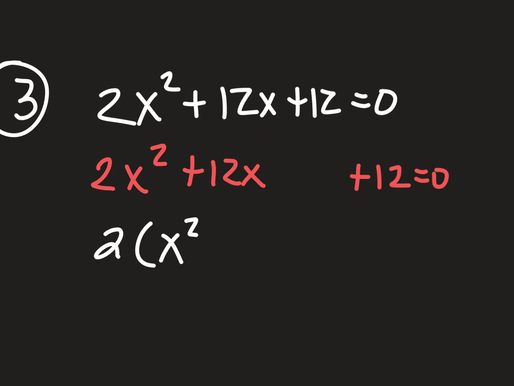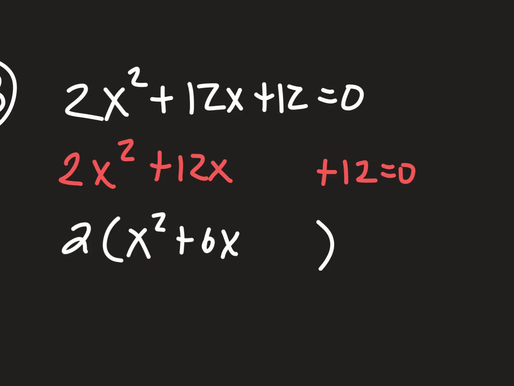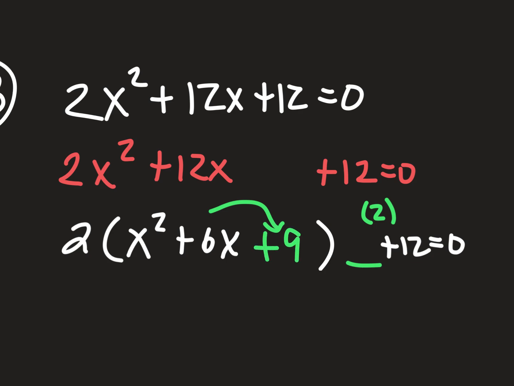I got x squared plus 6x, and then you'll do your half and squared little deal. That'll tell you what to put here. Don't forget whatever you put here, you also need to multiply it by 2. Half of 6 is 3. 3 squared is 9, plus 9 minus 9.